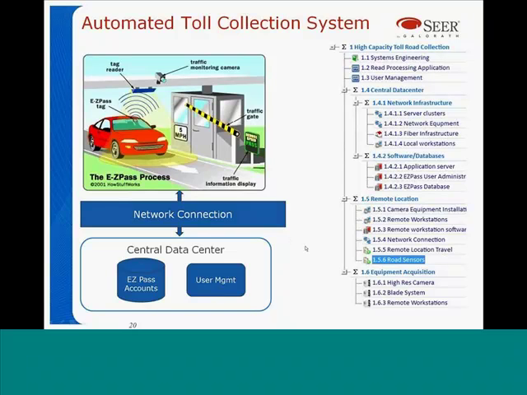You can also put in, let's say there's special travel that you need to include, 5 trips out to the remote locations for 6 engineers. You can include that, as well as purchasing of any off-the-shelf items. Maybe the cameras and the servers and things like that are just off-the-shelf. Those can be included in the estimate.